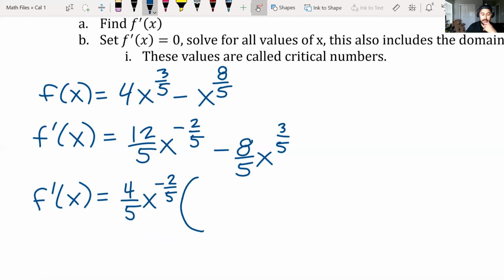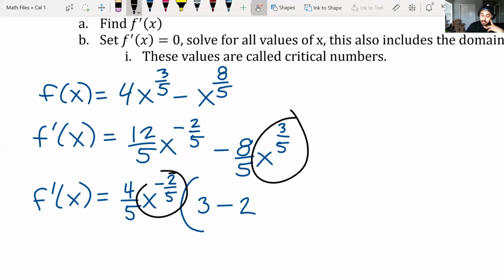If I factor that out, 4/5 from 12/5 should just be 3, and I get 3 here, minus 4/5 from 8/5, that should give me 2. And then x to the negative 2/5 from x to the 3/5 just leaves me with x.